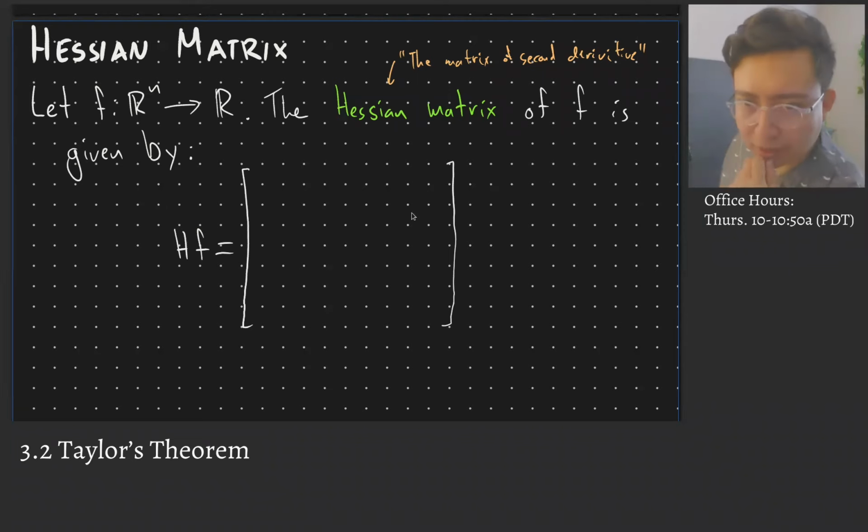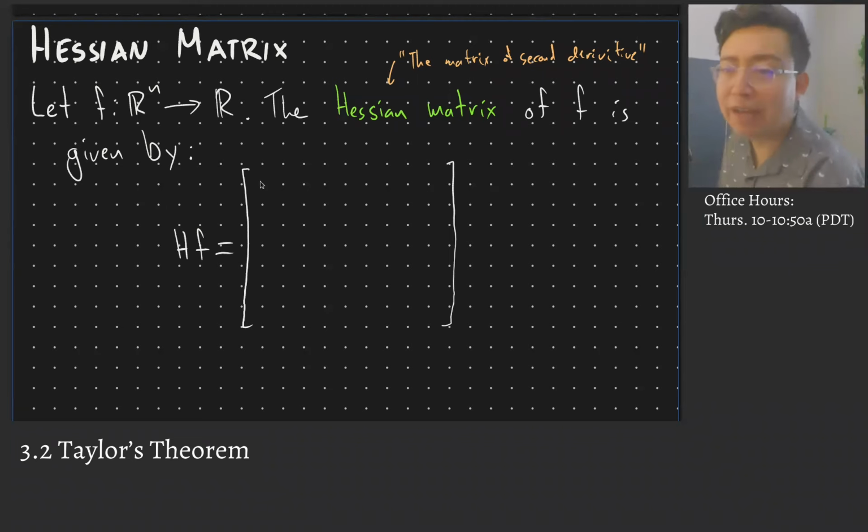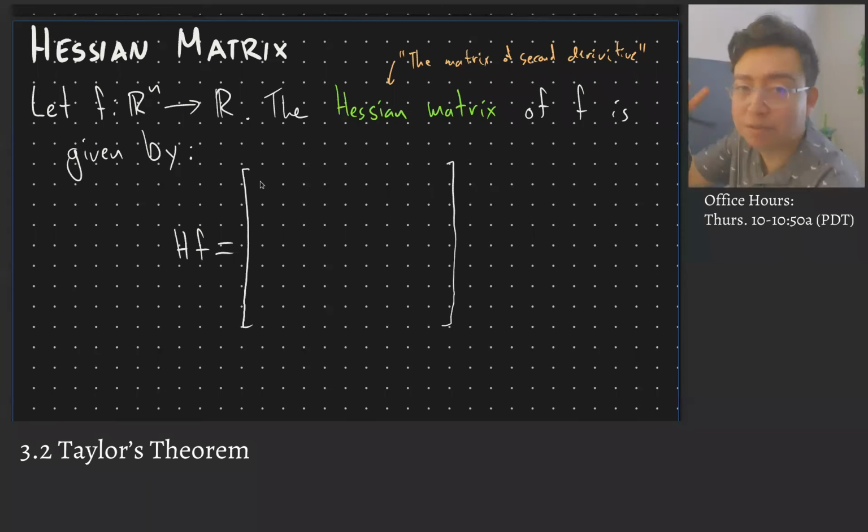Basically what we're going to do is take every possible second derivative in every possible order. Even though we know the mixed derivatives are the same, we're still going to write them separately in this. So this is d squared f over dx1 squared.